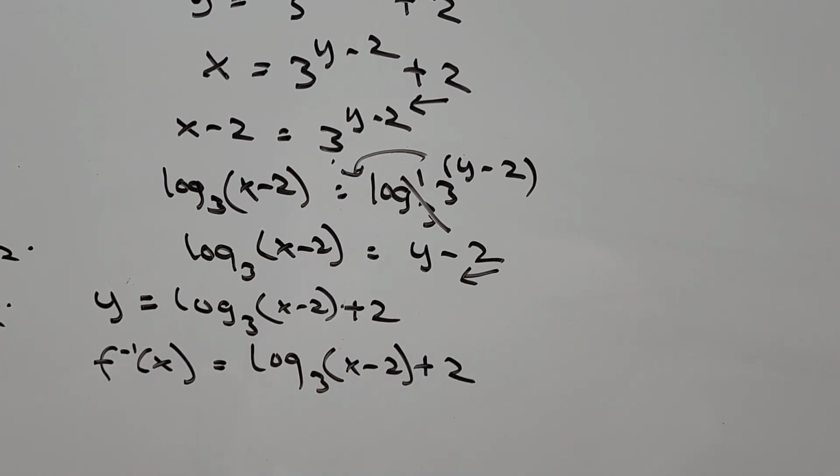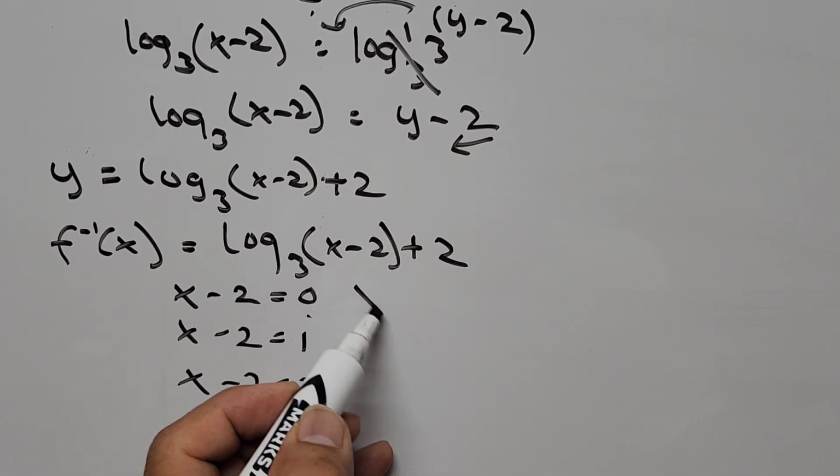So what do we need to know to graph the function? First, let's find the vertical asymptote. So let's set the argument, x minus 2, to 0. Then let's also set x minus 2 equal to 1, and then x minus 2 equal to the base 3.